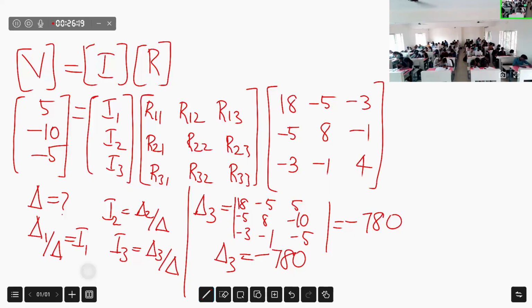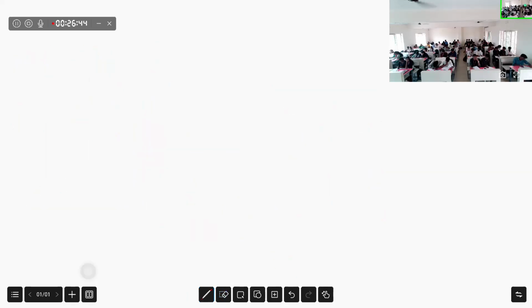So try to find out my I1, I2, I3 values. What should we do? I1 is equal to del 1 by del, I2 is equal to del 2 by del, I3 is equal to del 3 by del. What's the value of del 1?